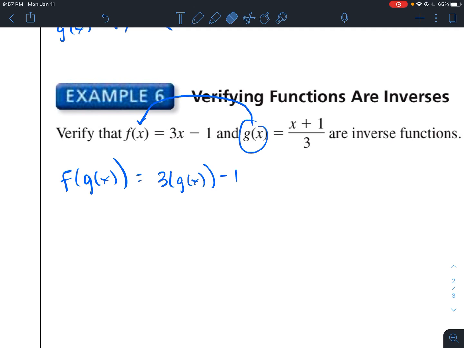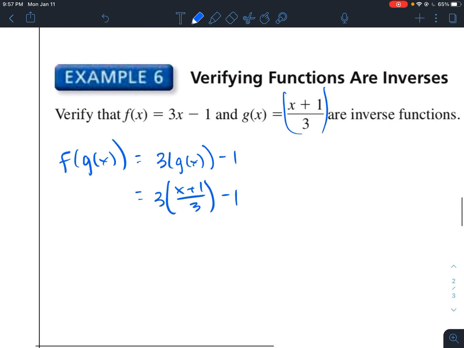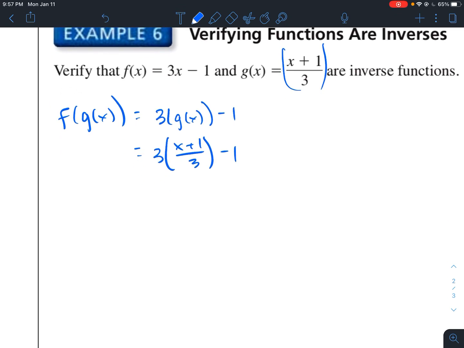And g of x is equal to x plus 1 divided by 3, so this is equal to 3 times x plus 1 divided by 3 minus 1. Now if we simplify this, those 3's cancel, so then we have x plus 1 minus 1, and these cancel, so then it's equal to x.